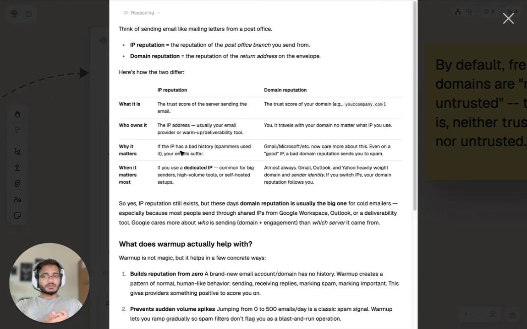IP can have a bad history too, right? It's possible that somebody used those IPs to spam in the past, and in that case, the IP has been blacklisted across the ecosystem. Now, generally speaking, if you are on Azure Communication Services or even on Google Workspace, where the IPs are rotated from a shared pool which Google or Microsoft is maintaining, you're going to have generally good IPs.